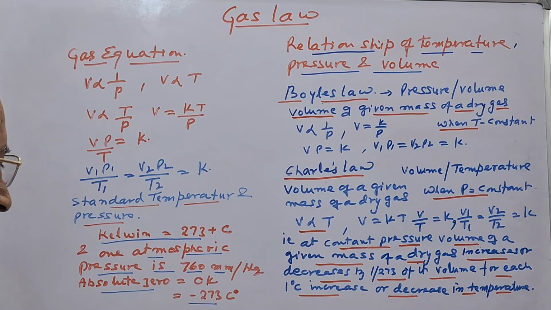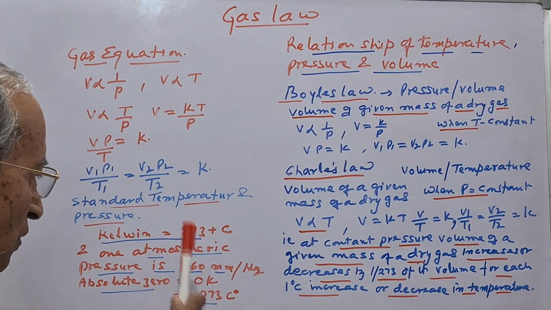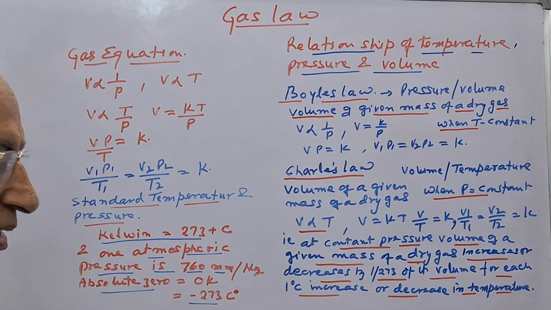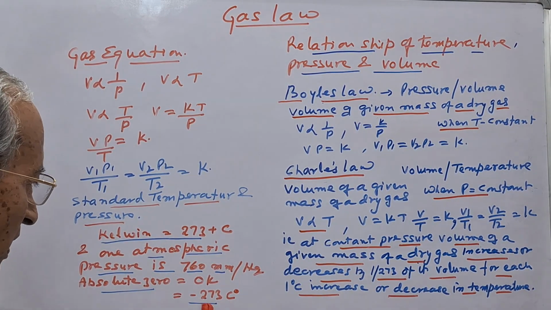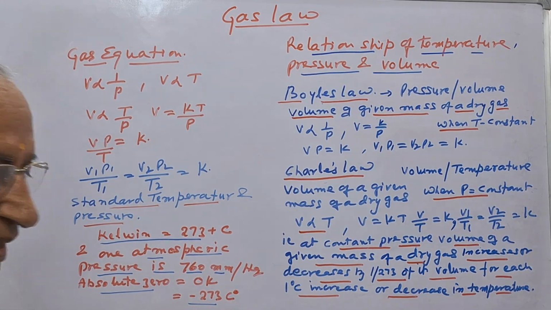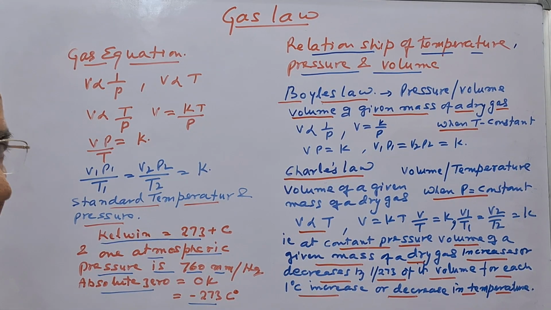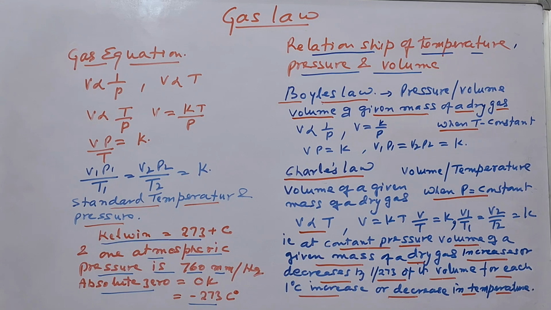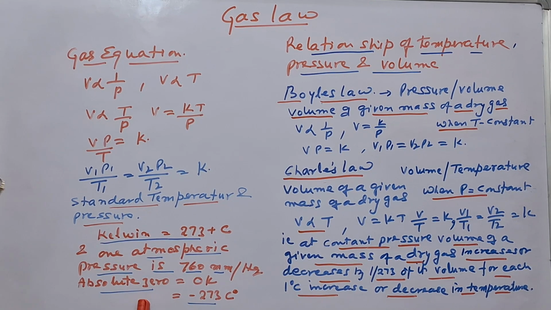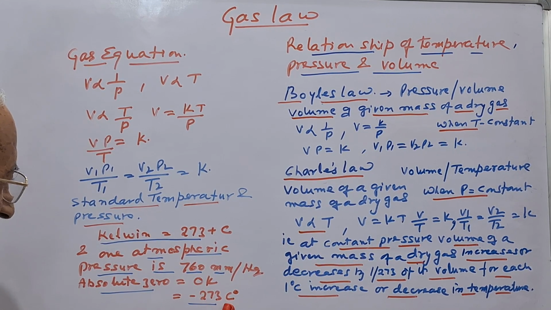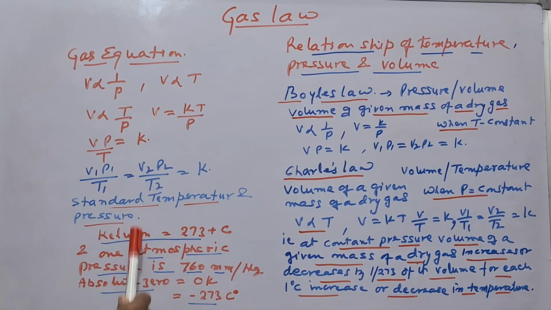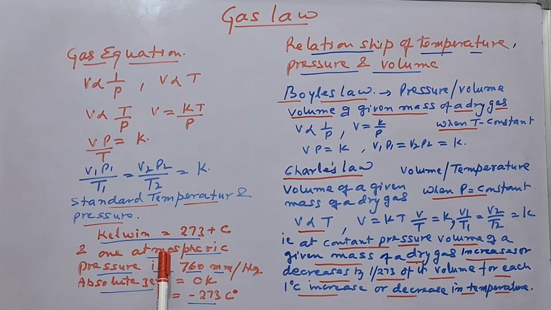Now listen, what is absolute zero? It was found that at minus 273 degrees centigrade, volume of the gases ceases to zero. So absolute zero is minus 273, and here we are taking the Kelvin as the standard temperature.